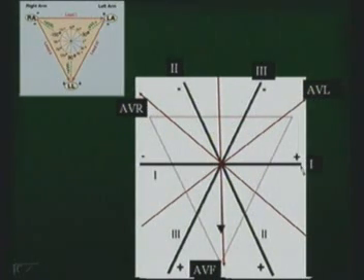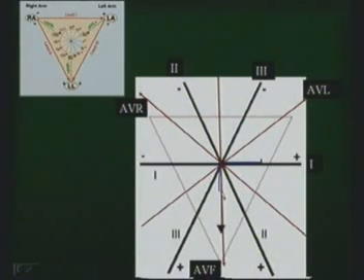Now when you have to calculate the axis, we look at lead 1 and AVF to simplify things. If your complex in lead 1 is positive, draw a line on lead 1. Say it is 5 or 10 millimeters, so you draw a 10 millimeter line here. Supposing this is 10. Now you look at lead AVF. If it is positive, say 6 millimeters, you go to 6 millimeters down here.